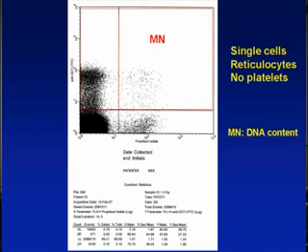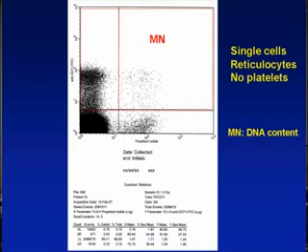That is, you display the DNA content versus the expression of the reticulocyte marker. So if you look at this large red box, they are all reticulocytes because they are all expressing this reticulocyte marker.